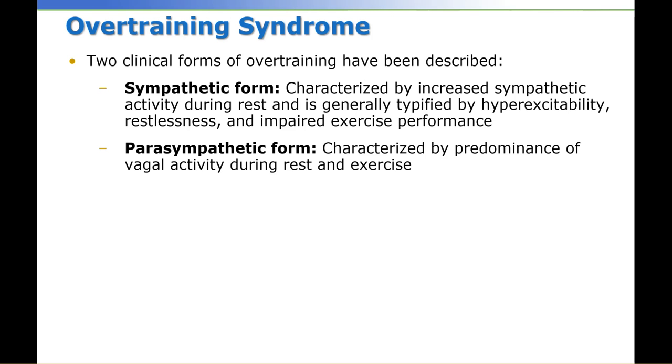It's the fight or flight response. Then you can also have the parasympathetic form, characterized by vagal activity during rest and exercise. Overreaching is a part of this. It's like overtraining, but in shorter duration, which can affect your performance as well.